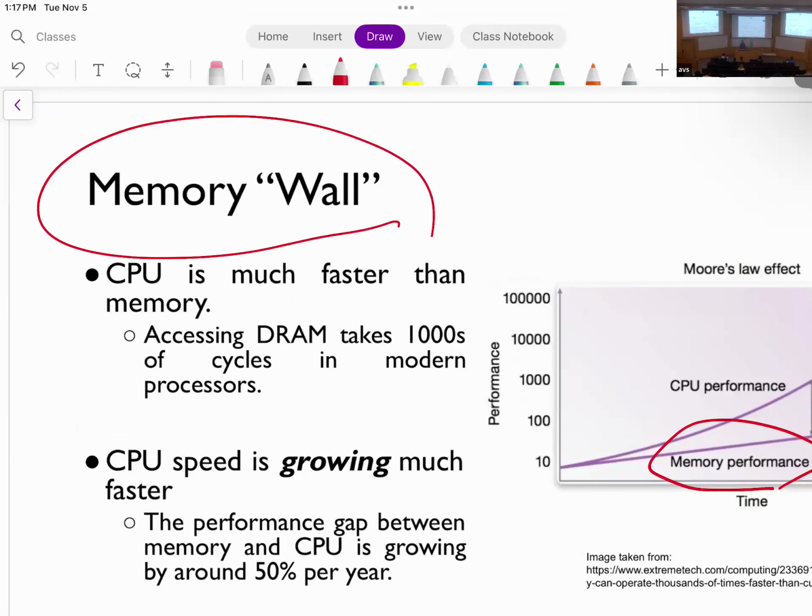So essentially, at some point, no matter how fast your CPU is, you're going to be bottlenecked by the memory. And that's really what we're seeing now. For example, we have the capability of multiplying, summing and adding lots of numbers on the CPU side.